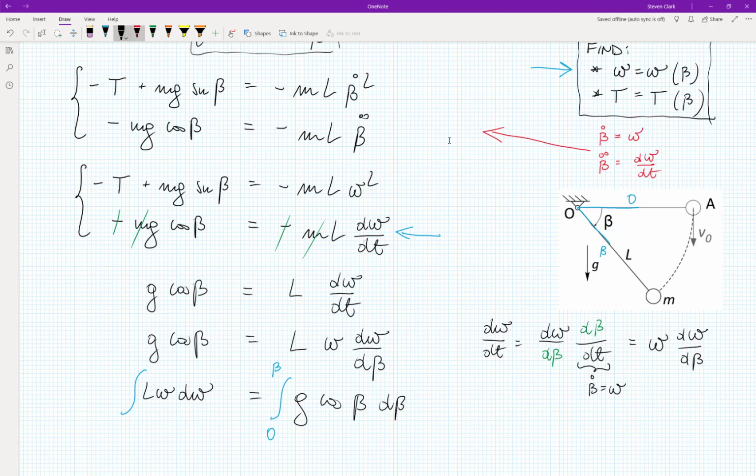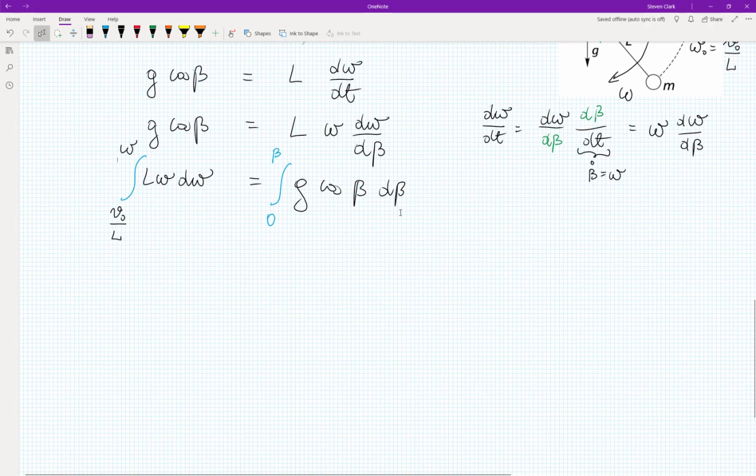But if you look at the right side corner of the screen, we have V0 in here, yes? So V0 will be equal to omega 0 L, right? So our initial omega will be V0 divided by L. So I can put V0 divided by L, and we will end up with some omega at some angle beta.